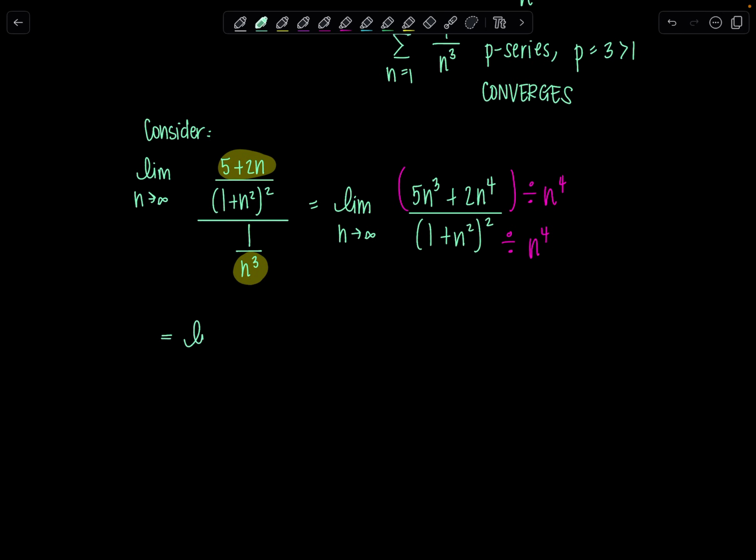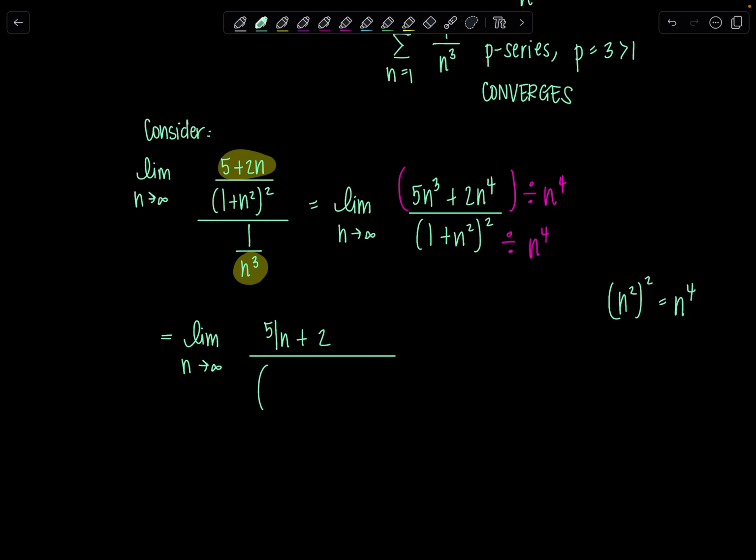So we've got now the limit as n goes to infinity. This is going to be 5 over n plus 2 in the numerator. Now, when I divide by n to the 4th, but I put it into something that's already squared, it becomes n squared, right? Because n squared squared is n to the 4th.